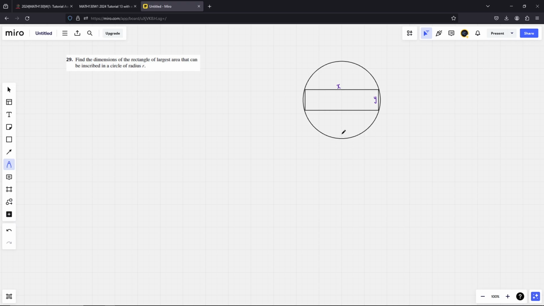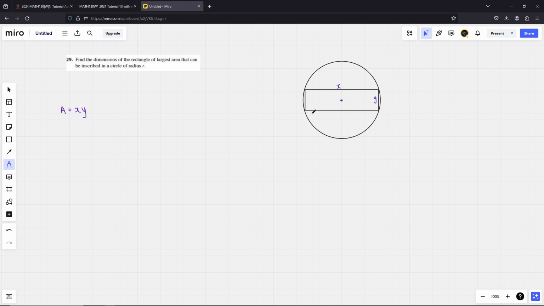Okay, now what I can say from this rectangle so far is that the area is going to be equal to x multiplied by y. Okay, the length multiplied by the height. Now let's suppose that the middle of the circle is somewhere around there.